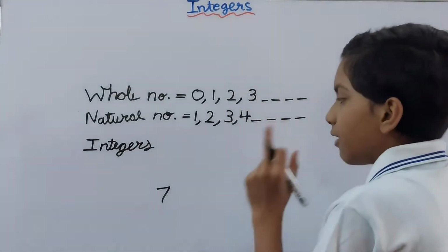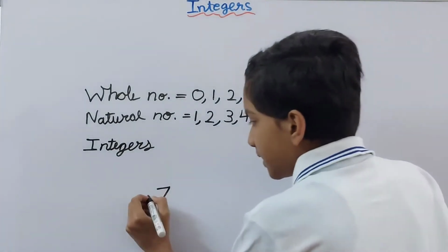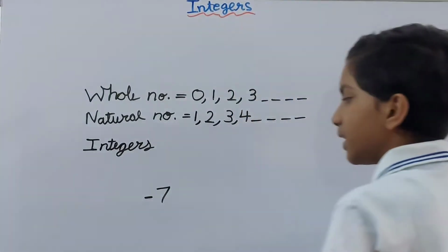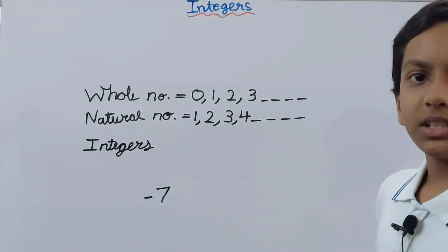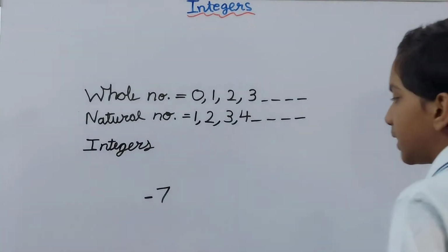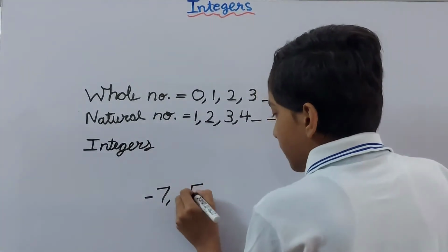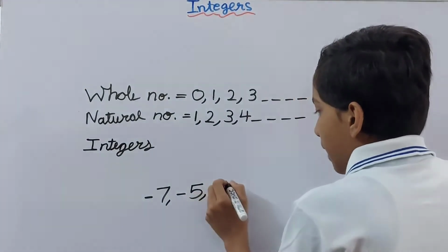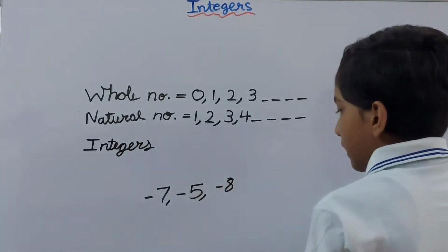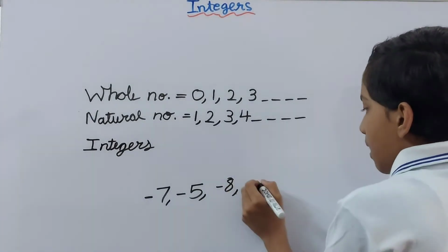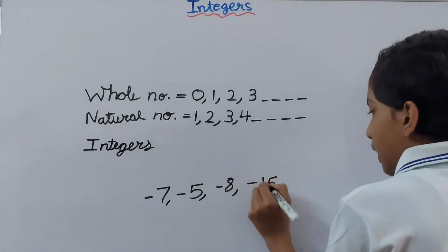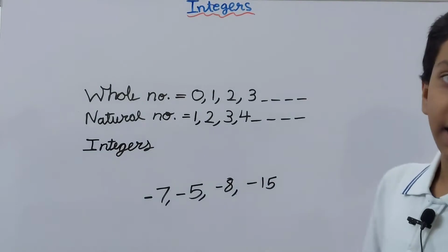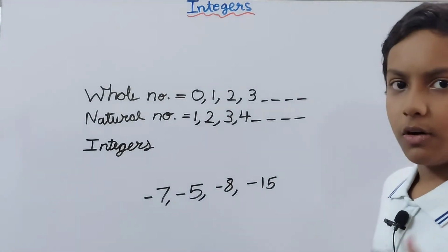To make this a negative number, just put a minus mark over here, and this becomes a negative number. In the same way, minus 5 is also a negative number. Minus 8 is also a negative number. Minus 15 is also a negative number, and it keeps on going.